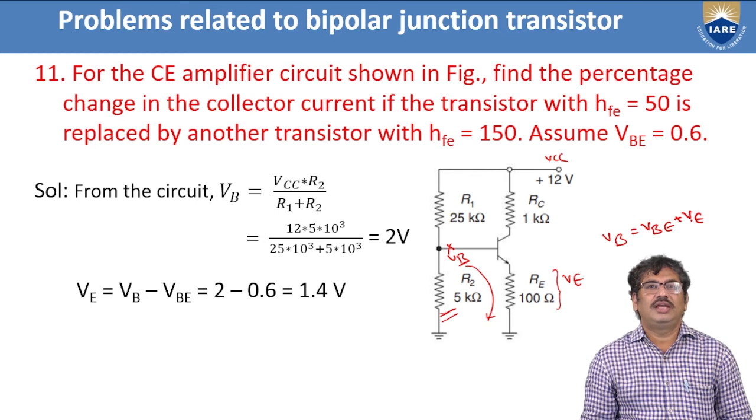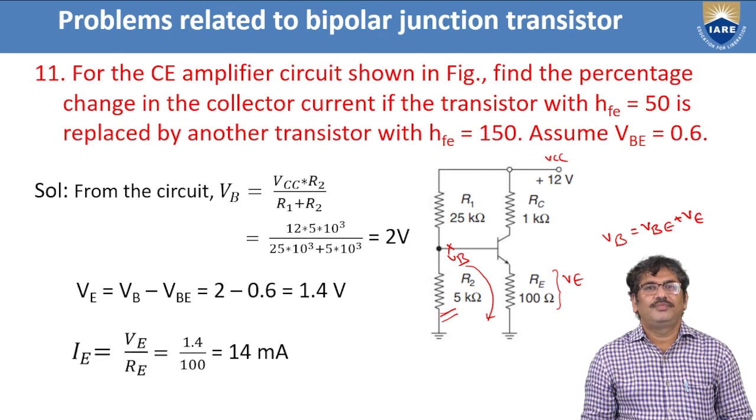From that, the voltage drop across RE is VE is equivalent to VB minus VBE. Substituting the estimated VB as 2 volts minus the given VBE as 0.6 volts, we will get the voltage drop across RE as 1.4 volts.